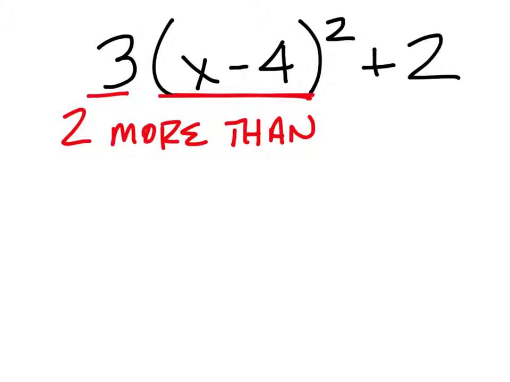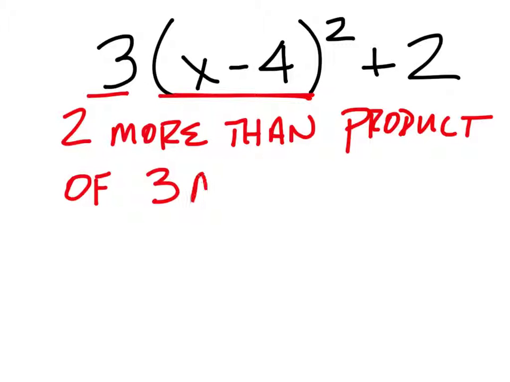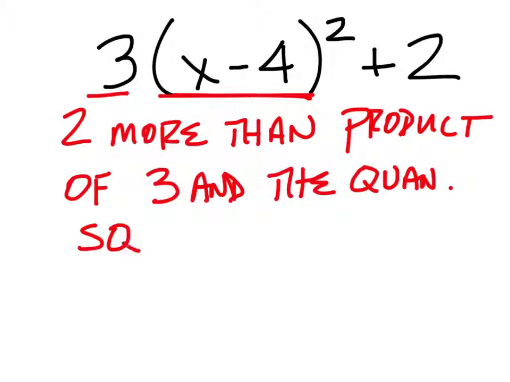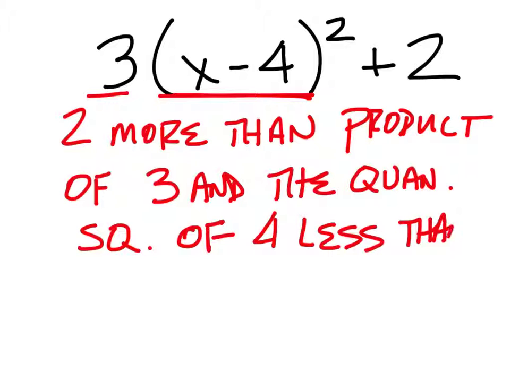Yep. 2 more than the product of 3 and the quantity. That's right. Two more than the product of 3 and the quantity squared of 4 less than a number.